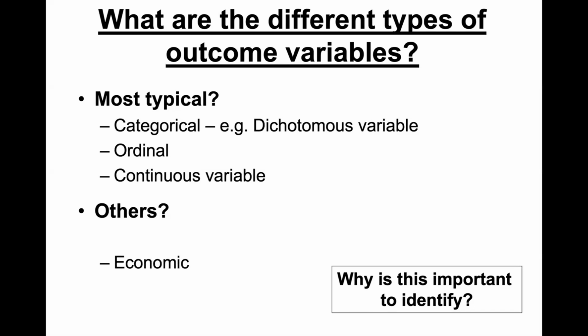Now there are lots of different types of variables that we're not going to talk about. The main variables we're going to talk about are continuous variables and categorical variables. The easiest way to think of categorical variables is as a dichotomous variable, yes, no. That's the classic categorical variable. Is everyone clear on what a continuous variable is and what a categorical variable is?